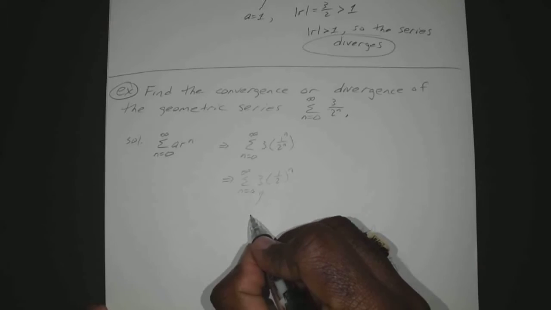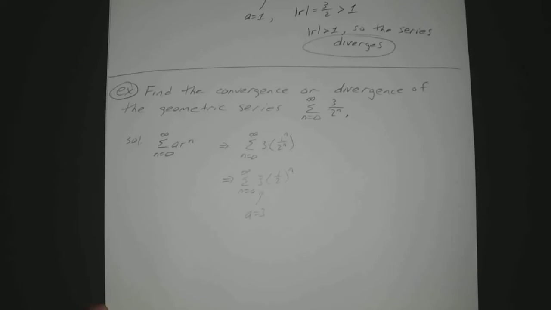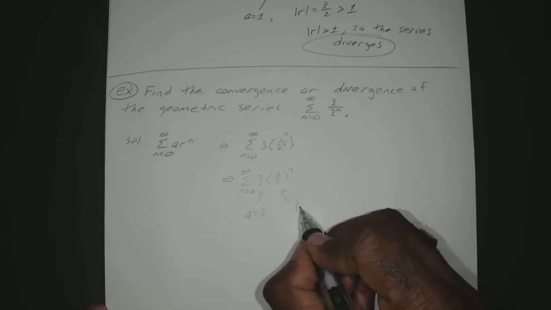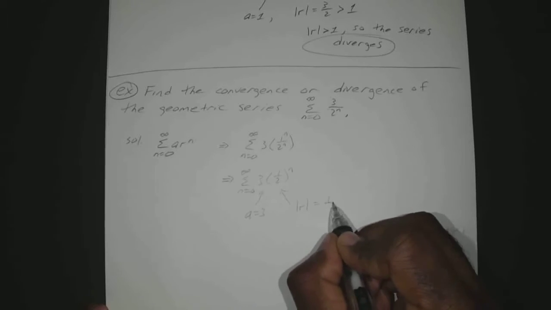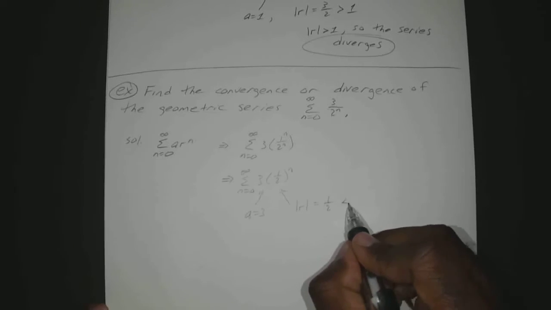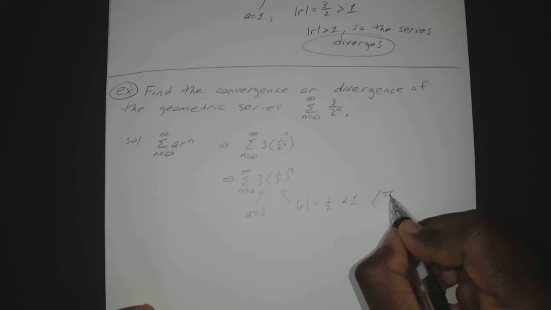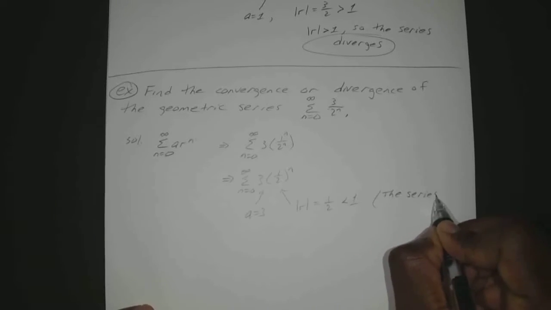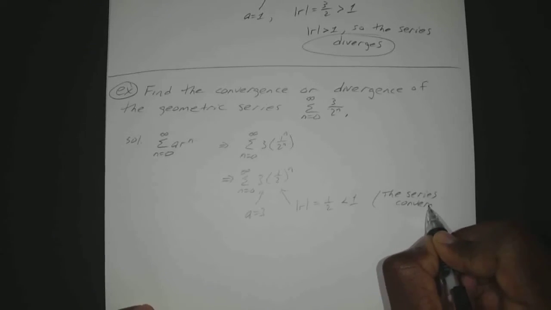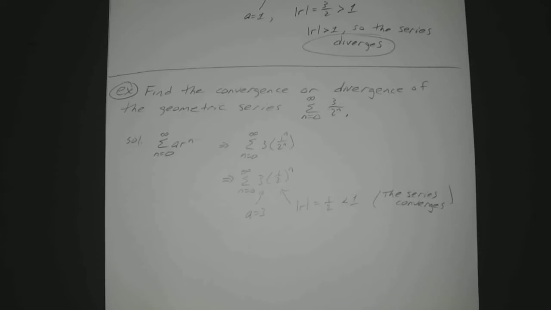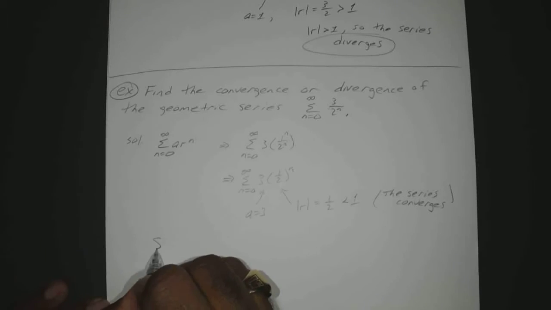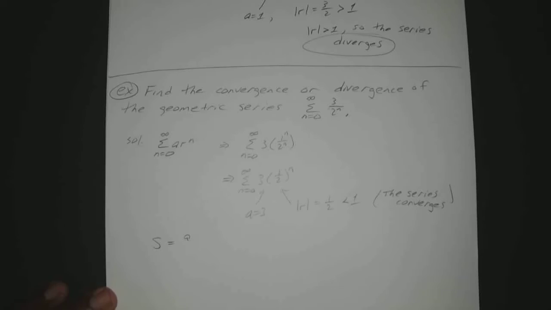Okay, so we know that our a is equal to 3, and our absolute value of r is equal to 1/2, which is less than 1. Okay, so we know it converges. We just have to find the sum now. Okay, so you know that the sum is equal to a over 1 minus r.